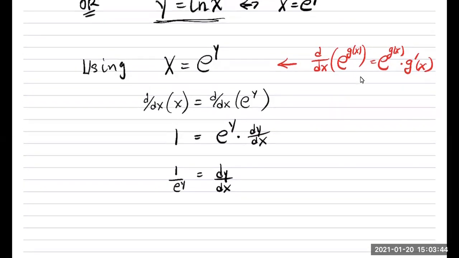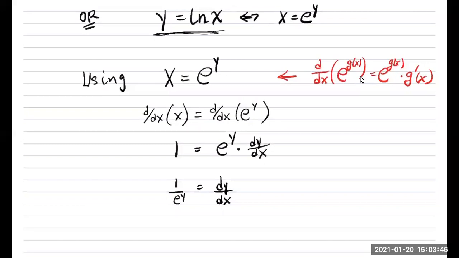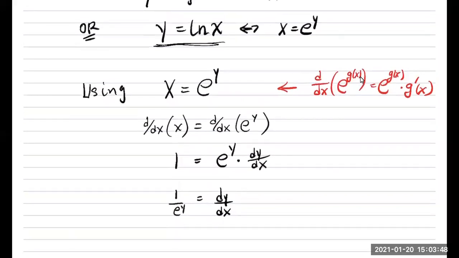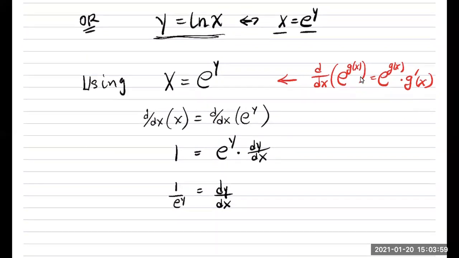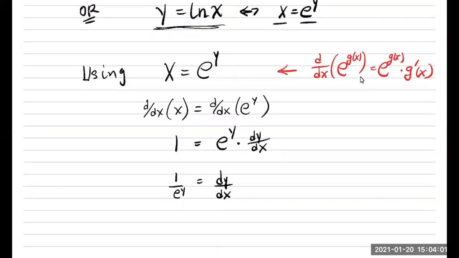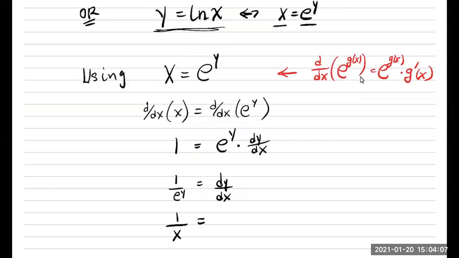Okay, now at this point, I'm going to make two substitutions. First, I know that e to the y and x are the same thing. So down in my equation, I'm going to say 1 over x. I also know that y is equal to the logarithm of x because it says so right here.